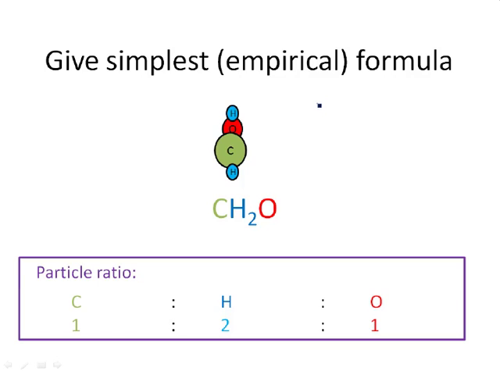Because you see, the ratio 1 carbon is to 2 hydrogen is to 1 oxygen can be written in infinite forms. This is exactly the same ratio as 2 is to 4 is to 2. So if there really were 2 carbon atoms in there, and 4 hydrogen atoms in there, and 2 oxygen atoms in there, that would still have a ratio of 1:2:1.